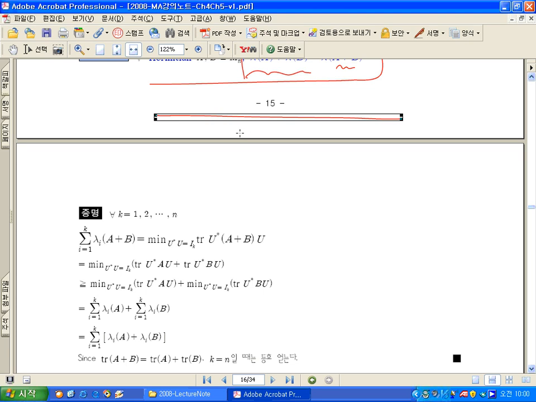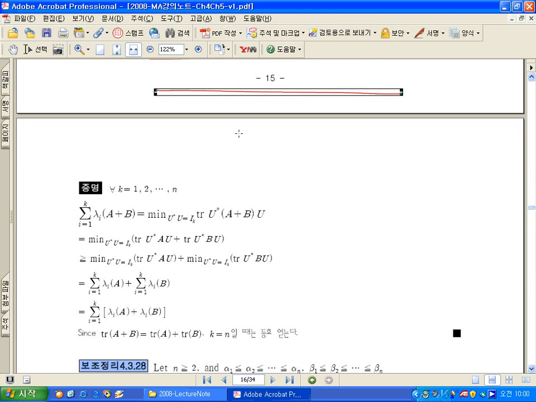It is really true. Let's think for arbitrary k.